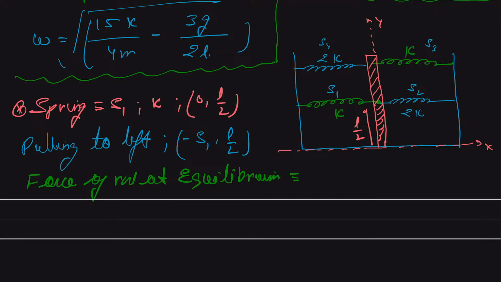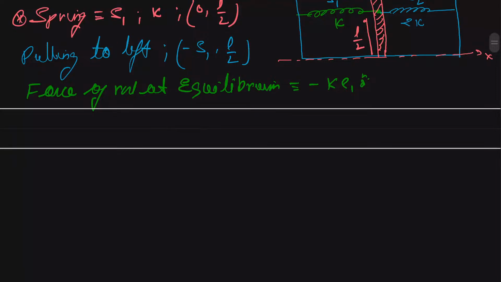Force on the rod at equilibrium will be equal to minus K E1, and we have this as x unit vector. Okay. And similarly, we are going to write for our spring, which is our S2, and spring constant is our 2K.